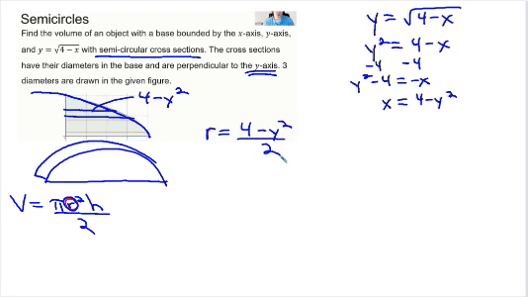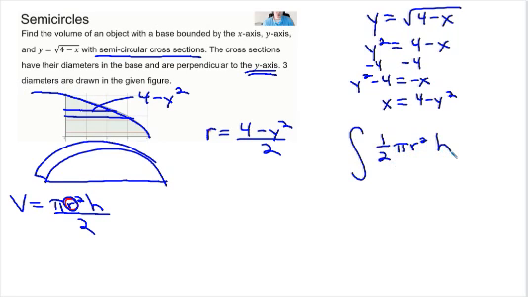All right? So we're pretty much ready to roll on this problem now. We're integrating 1/2 pi r squared h. That's what we're integrating, 1/2 of the volume of the whole cylinder. All right?